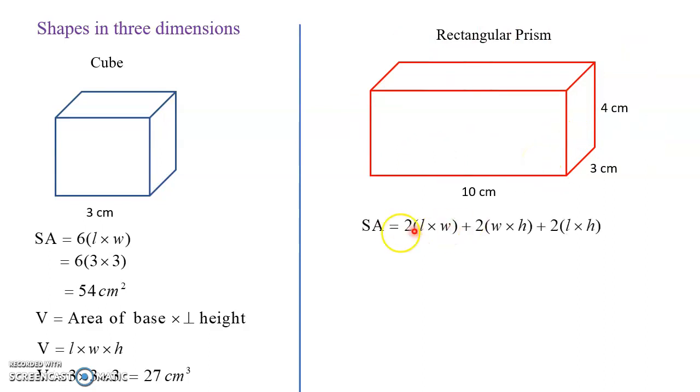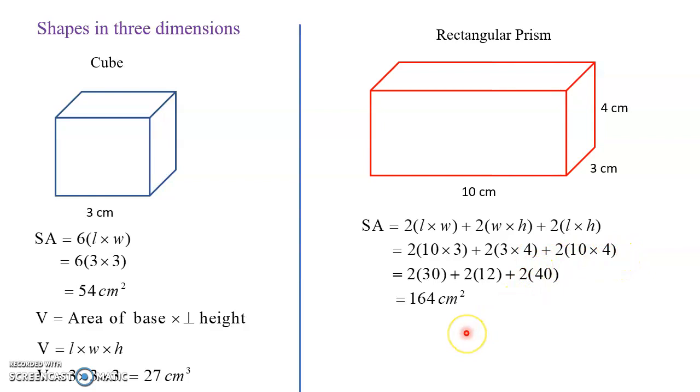Or simply put, surface area is 2 into the length multiplied by the width, plus 2 into the width multiplied by the height, plus 2 into the length multiplied by the height. I'm basically taking each side and multiplying it by 2. In this example, it's 2 into 10 times 3, 2 into 3 times 4, 2 into 10 times 4. Simple calculations ends you with an answer of 164 centimeters squared.